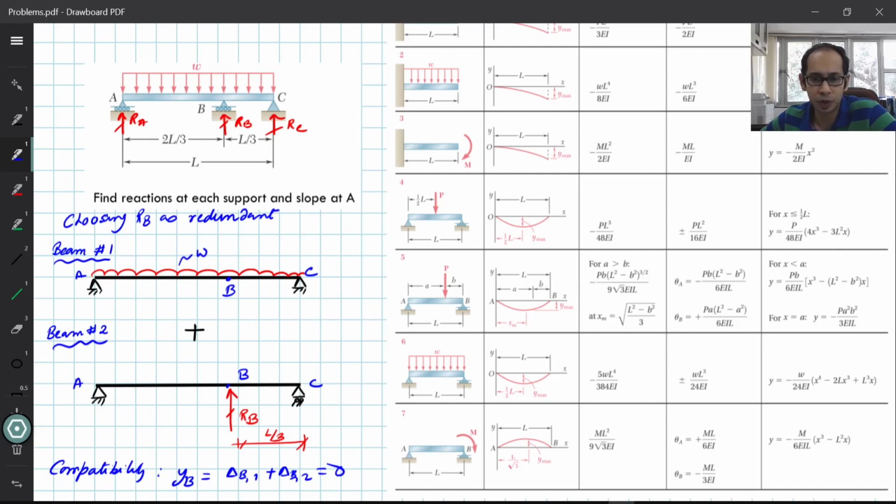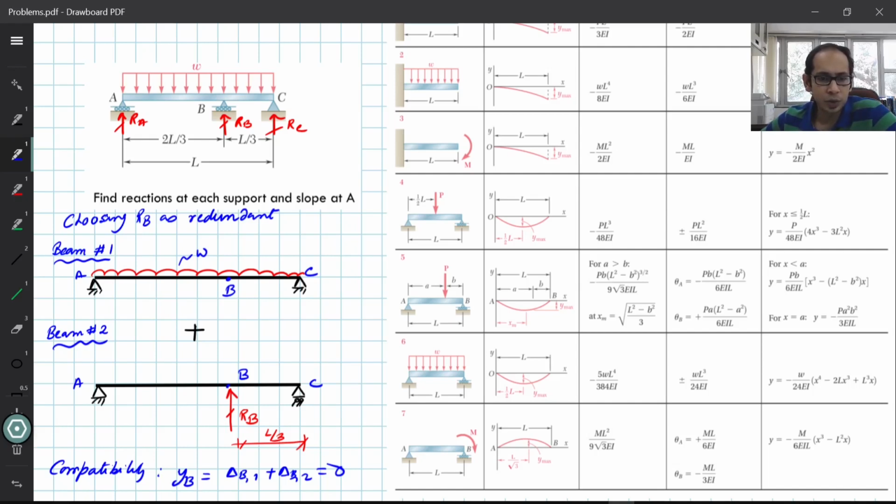This also gives you the deflection right where you are applying the load, x equals a, at the point where you're applying the load. So you can simply add that up, and you can find the slope at that particular point.